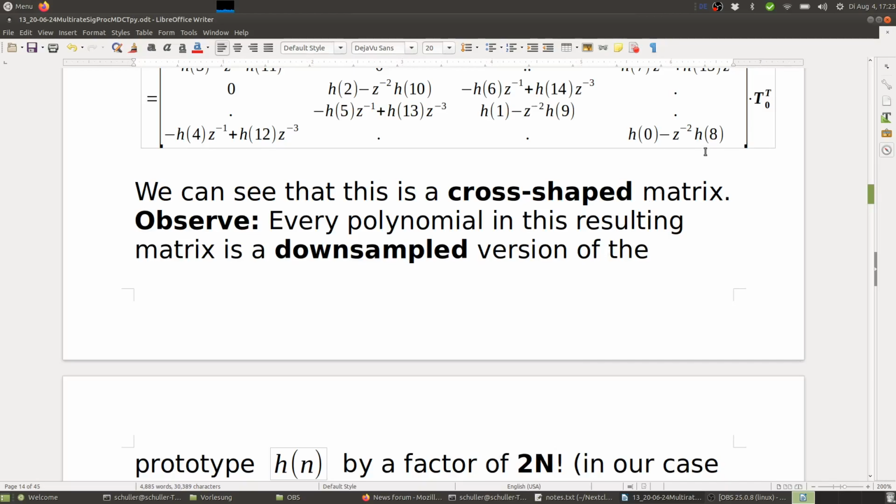Right? So here we can see we have h0 and the next entry is h8. Right? And remember n was 4, so this is downsampled by a factor of 2n. Right? And that's fitting with the z to the minus 2 here. So this is actually a jump over 2 blocks.